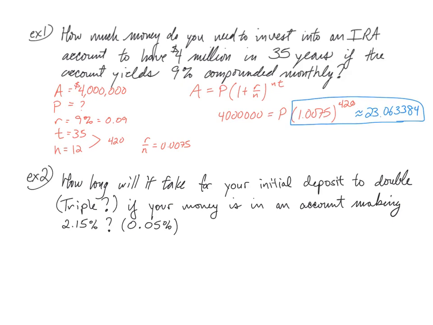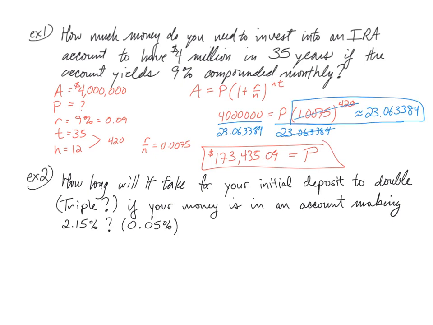So if we divide both sides of this equation by 23.063384, that'll cancel with this, and we will get that the beginning amount that you would need to start with is a mere $173,435.09 if you round to the nearest cent.